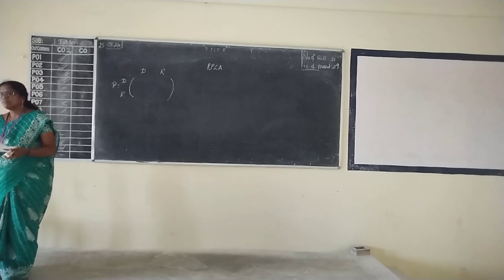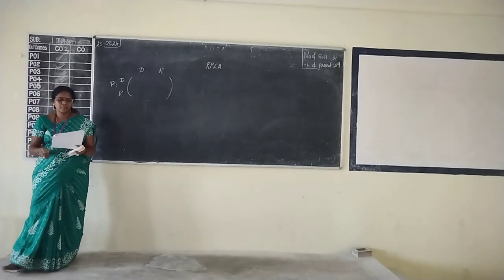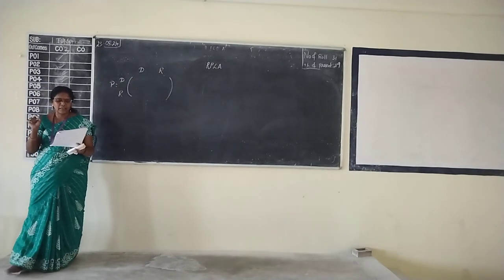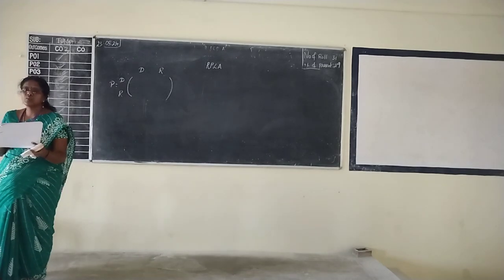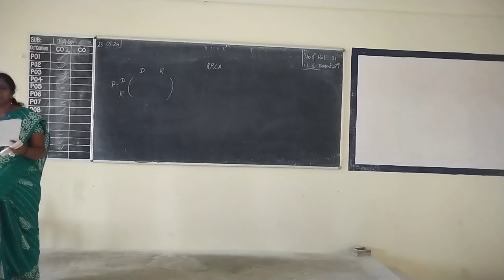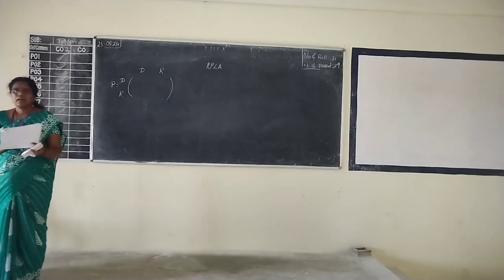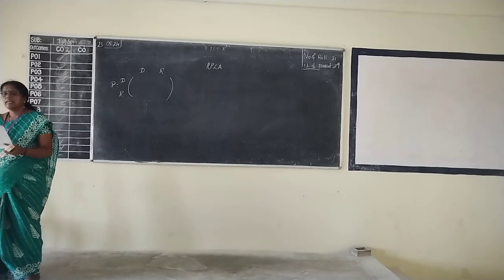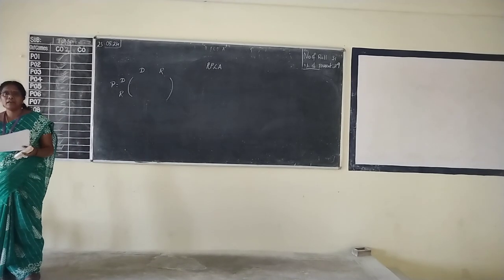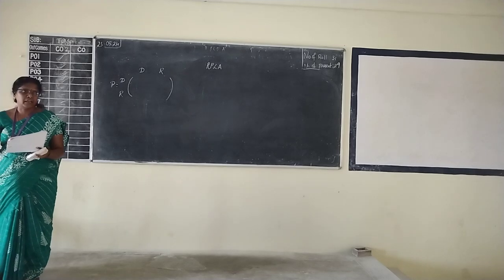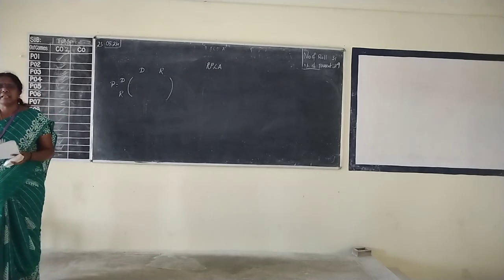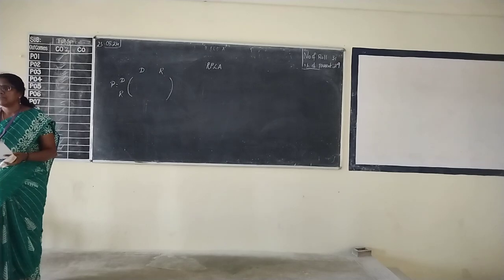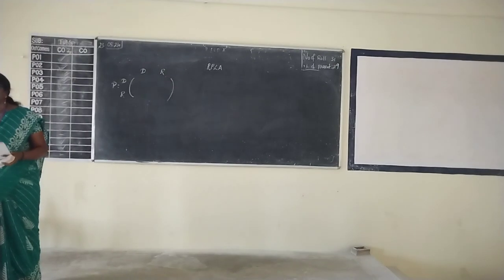Read the statement. What is given? The probability of a dry day following a rainy day is 1 by 3. What does following mean? The previous day was a rainy day, and the next day is going to be a dry day.